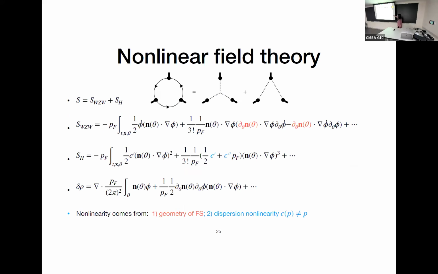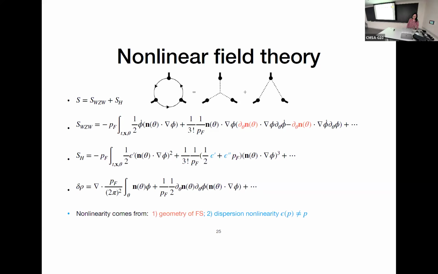And here comes the main part that I want to emphasize, which is the nonlinear effective field theory. So one can ask, where do the nonlinearities come from in this result? Actually, it contains two parts.